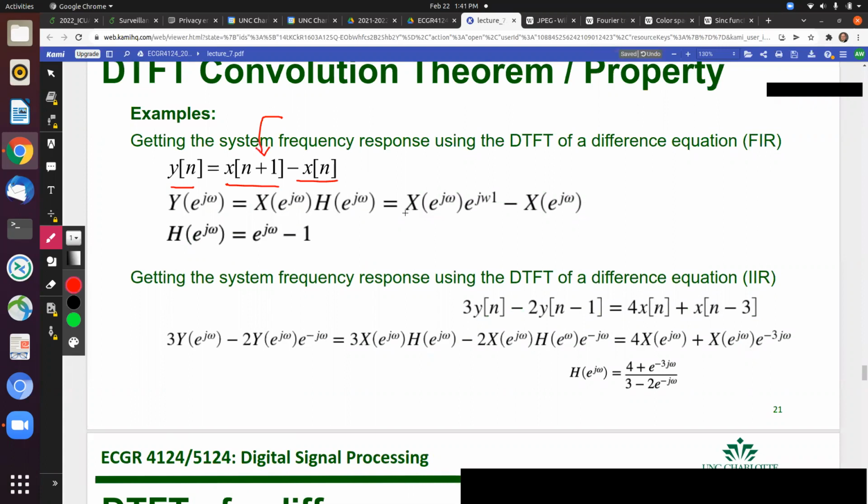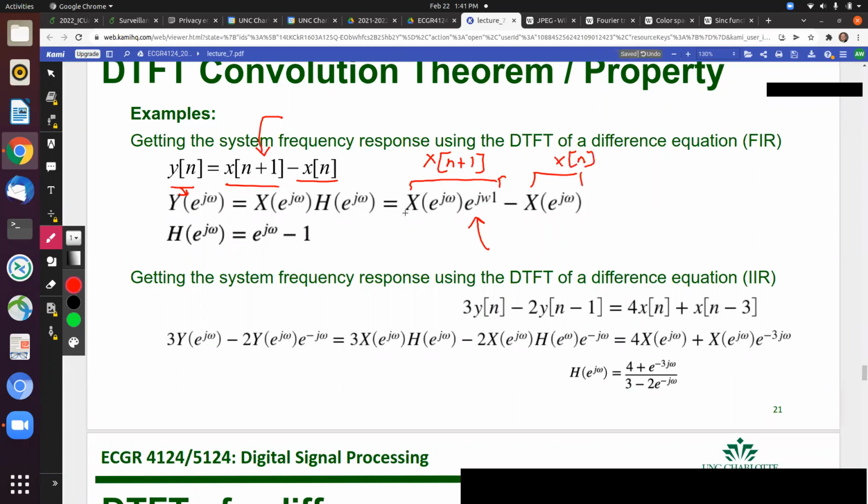And we're just basically plugging in X(e^jω) for x of n, whatever the DTFT is, and we plug in Y(e^jω) for y of n. So term for term, we have Y(e^jω) equal to X(e^jω) times e^jω. This term right here is the same thing as writing down x of n plus 1. I just put it in the Fourier domain, right? And this term right here is x of n in the time domain.